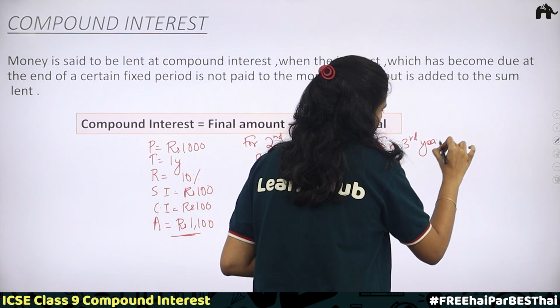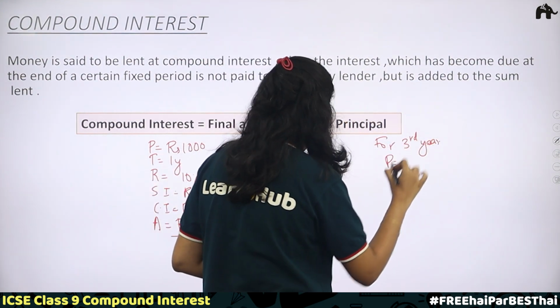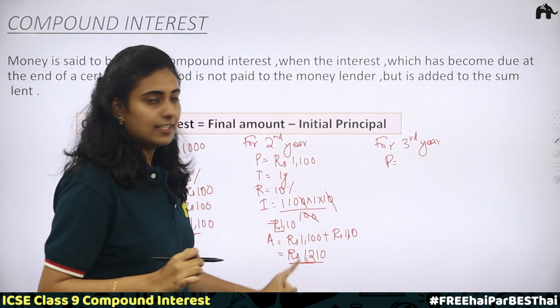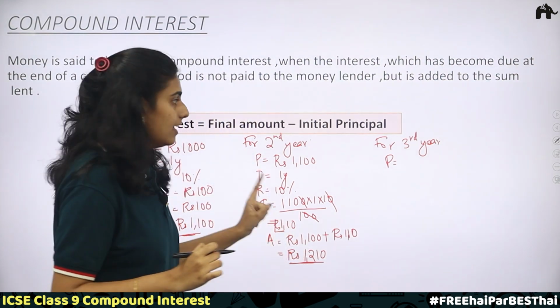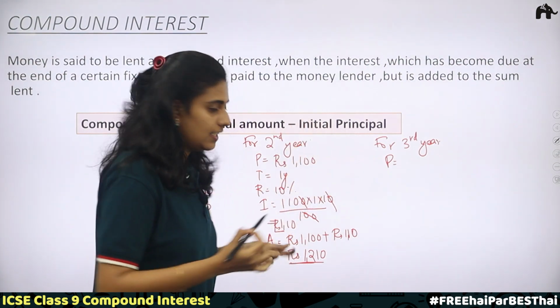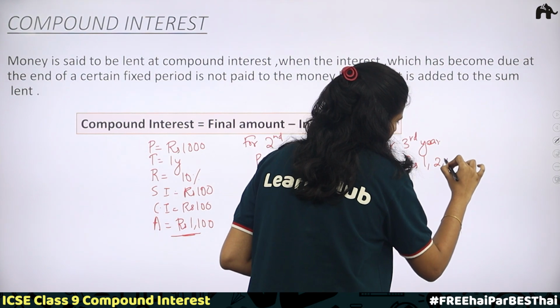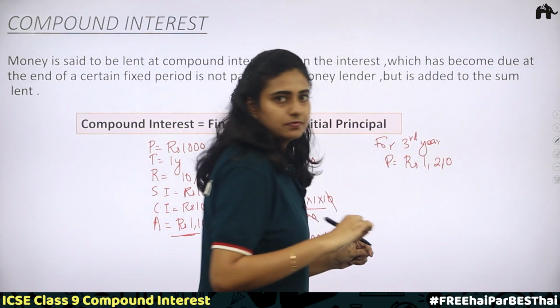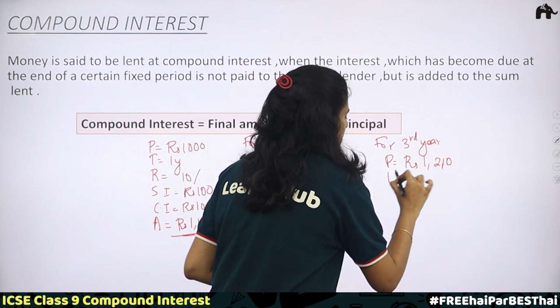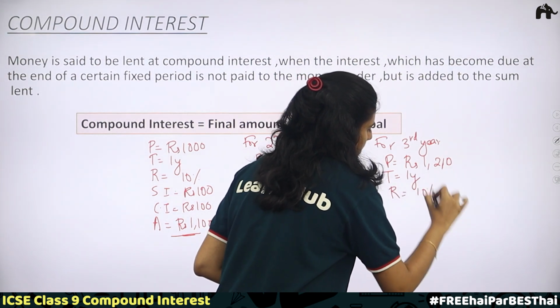Now for the third year, let's see what happens. Now the principal will be the amount for the second year. The amount at the end of the second year will be the principal for the third year, that is rupees 1210. Time we are calculating for 1 year. Rate of interest is 10%.